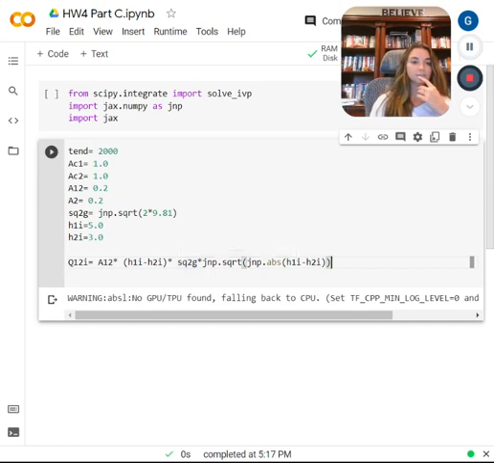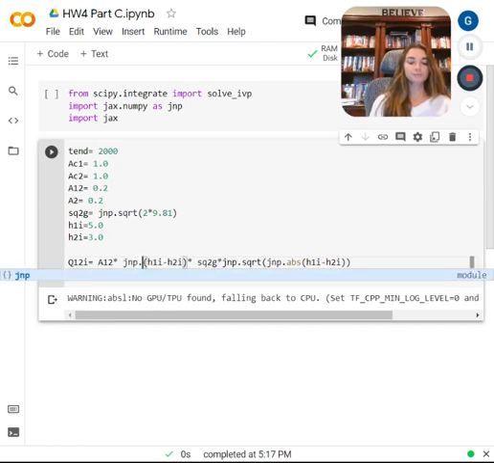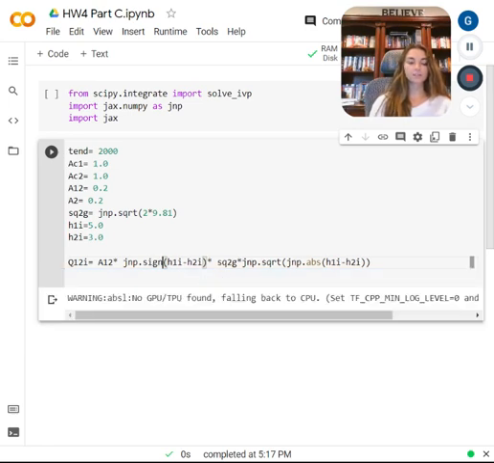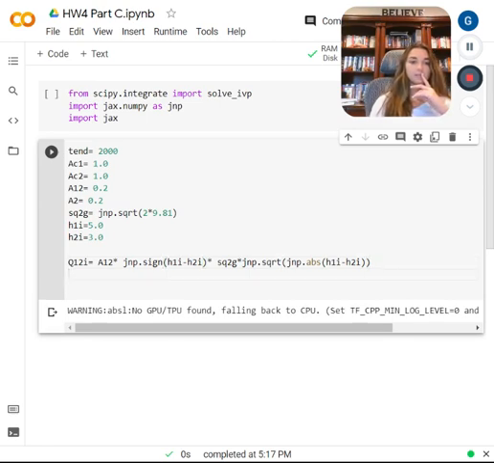And then we need to implement our switch function, which is np.sign, which will account for our sign change under the square root. Now I want to make sure all my parentheses are closed.